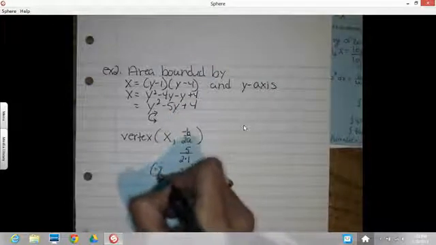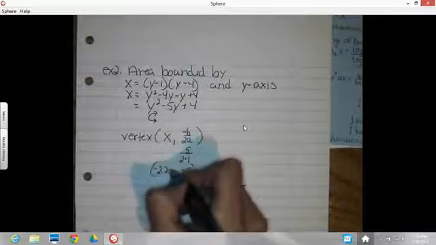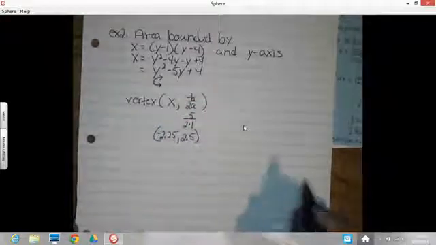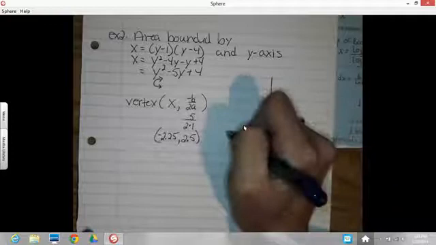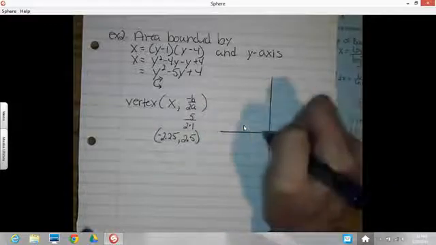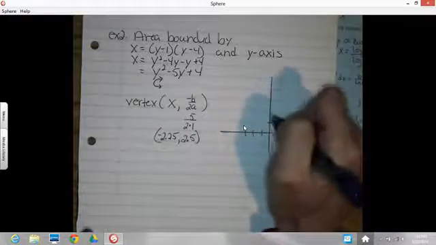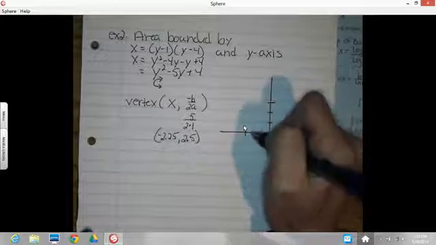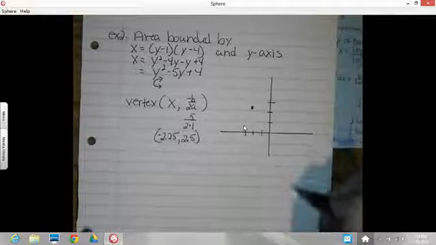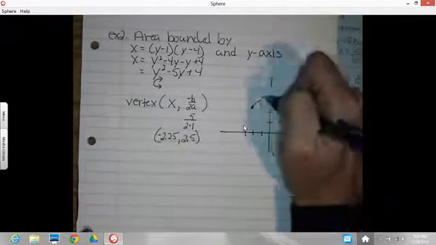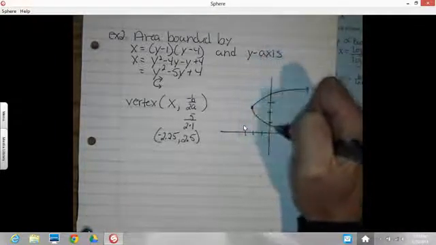So to graph that, negative 2.25, up 2.5. There's the vertex. Opens to the right. Okay, the other function is the y-axis right here.